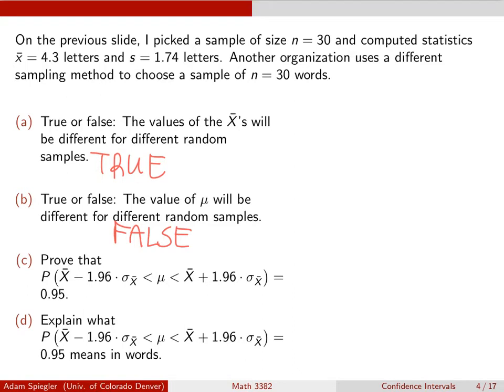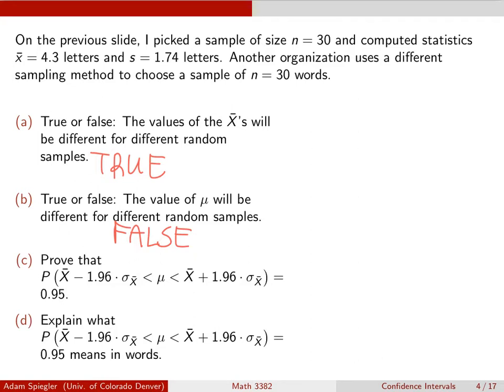That would be the same regardless of my sample of 30 words or the sample of 30 words that another organization picks. So the bullseye, which is the population parameter, is a fixed target. What is varying is the sample that we pick to estimate that target.